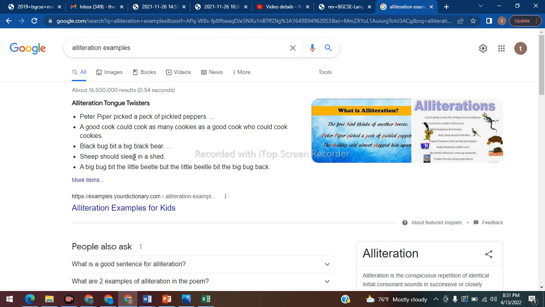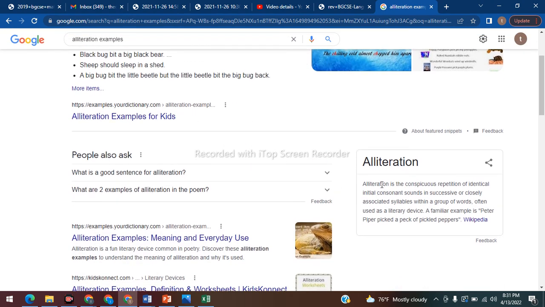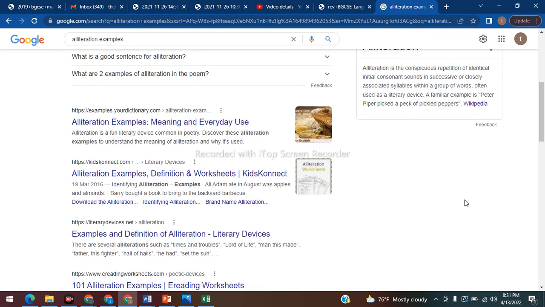Sheep should sleep in a shed, right? So that's alliteration. Alliteration is a conspicuous repetition of identical initial consonant sounds in successive or closely associated syllables within a group of words. All right, that's what alliteration is.